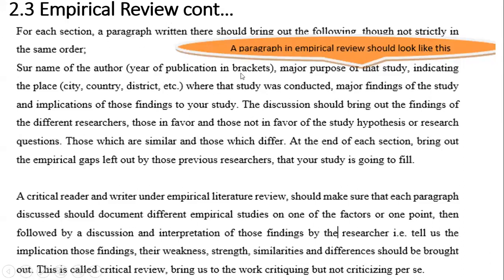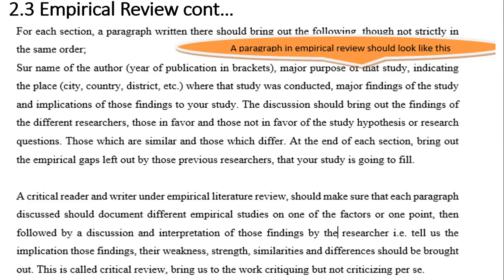Now, as we are saying, for each section under empirical review, a paragraph you write there should be a combination of the following aspects.